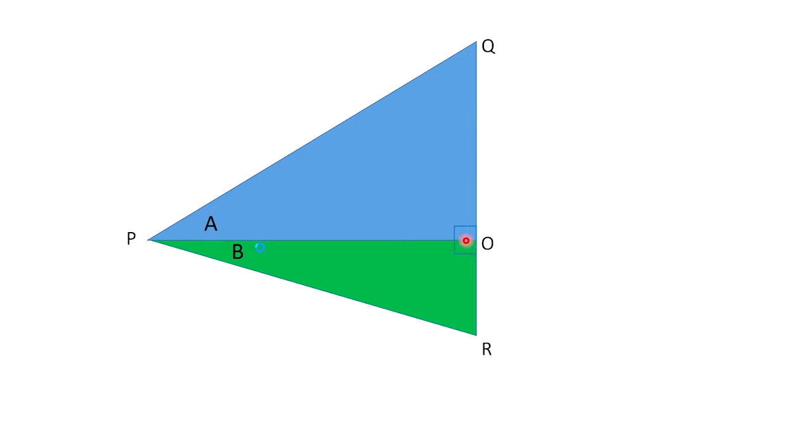So basically you stack two right triangles together, one with the angle A and the other with the angle B.